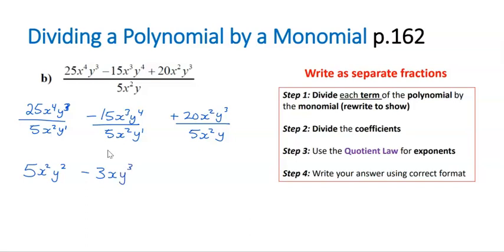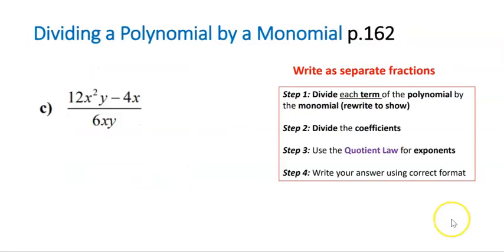And for our last term, 20 divided by 5 is a positive 4. x to the 2 minus 2 is x to the power of 0. They cancel. y to the 3 minus 1 is y squared. We have a simplified polynomial here, 5x squared y squared minus 3xy cubed plus 4y squared.